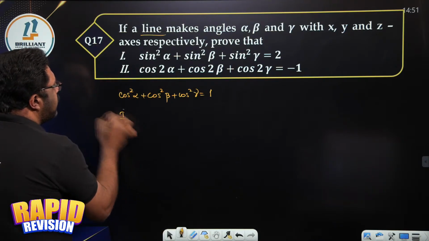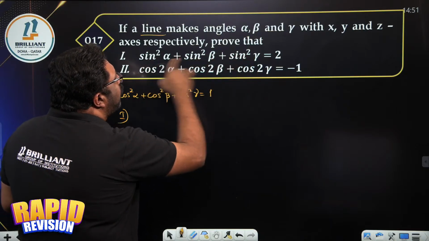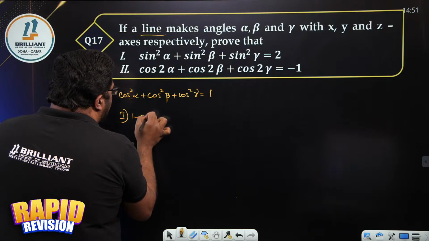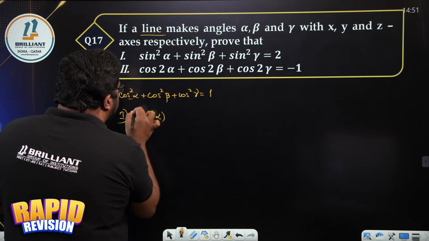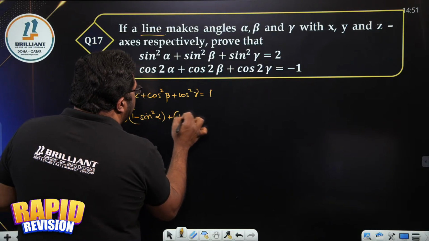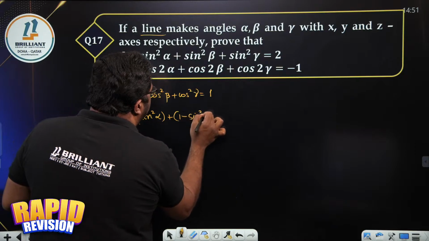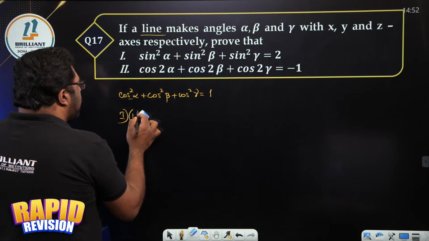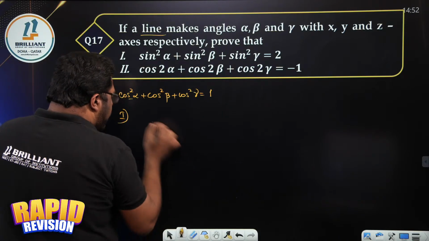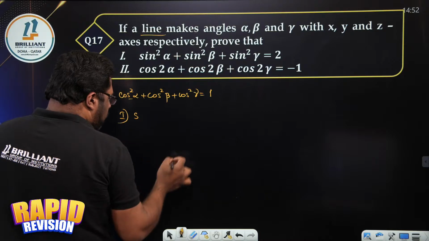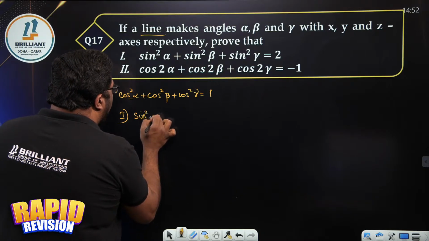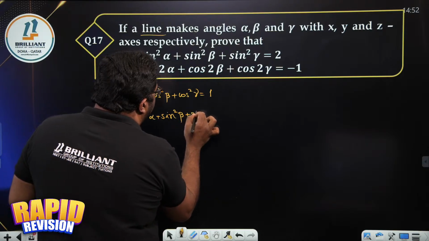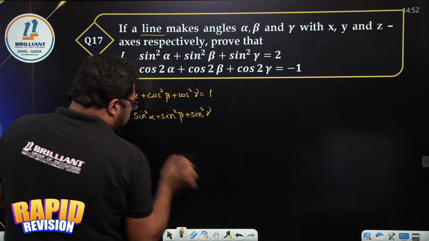Equation number 1 says to prove this is equal to 2. From this I can write cos squared alpha is 1 minus sin squared alpha, cos squared beta is 1 minus sin squared beta, or better to say the reverse way. They're asking you to prove something. Let's straight away take the question: sin squared alpha plus sin squared beta plus sin squared gamma.